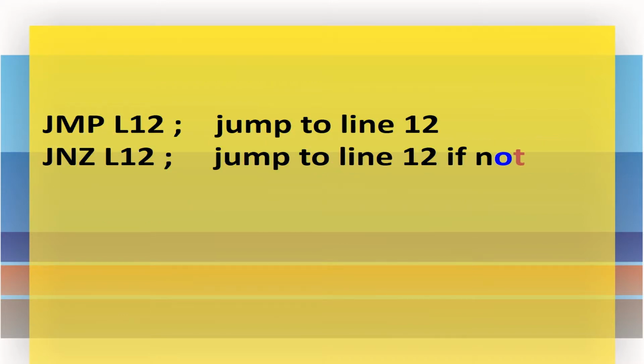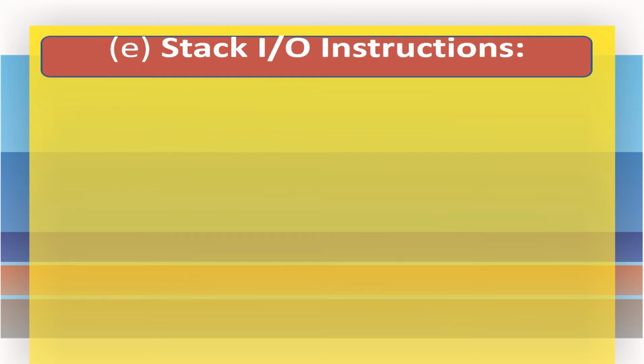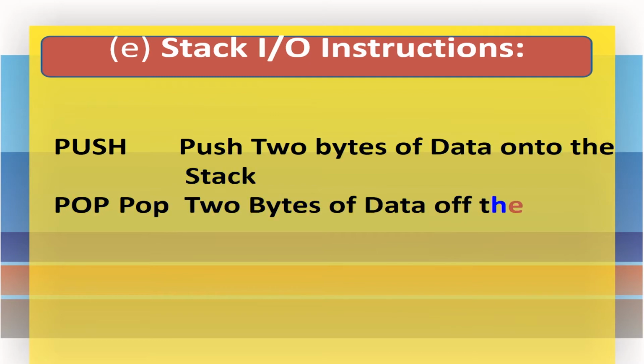JMP L12, jump to line 12; JNZ L12, jump to line 12 if not 0; JZ L12, jump to line 12 if 0. E. Stack input output instructions. PUSH, push 2 bytes of data onto the stack; POP, pop 2 bytes of data off the stack.